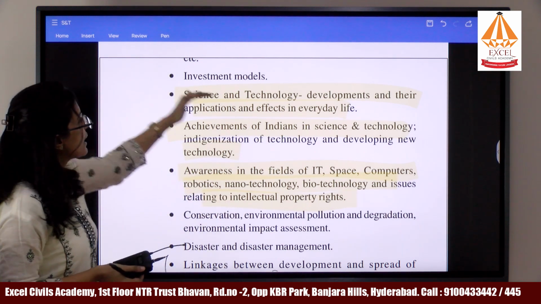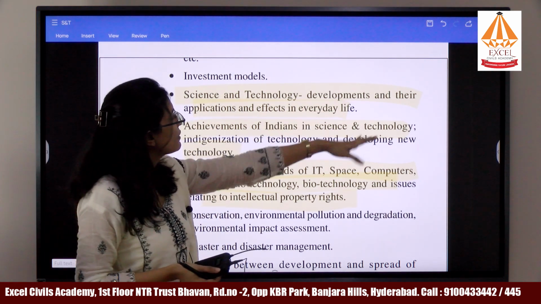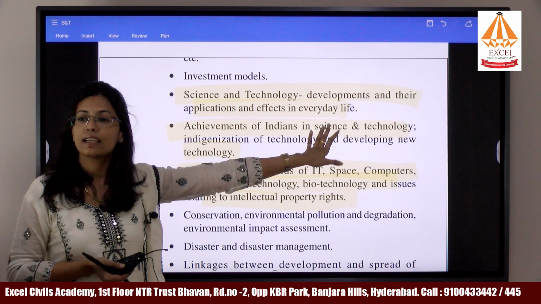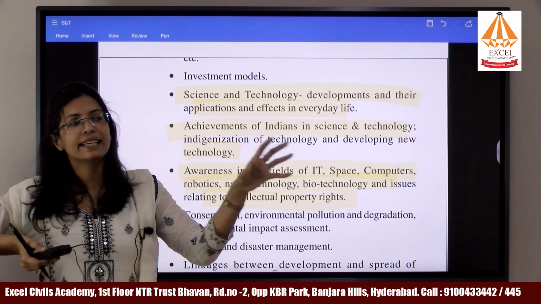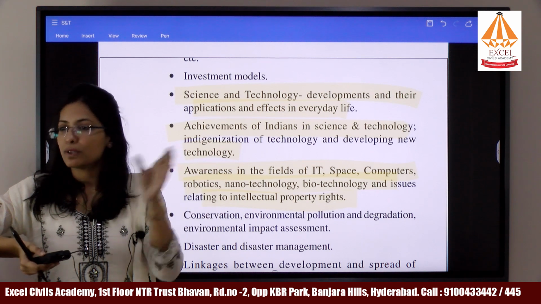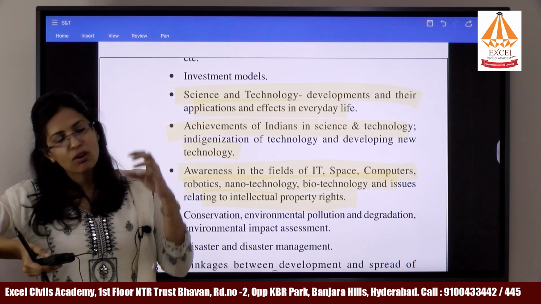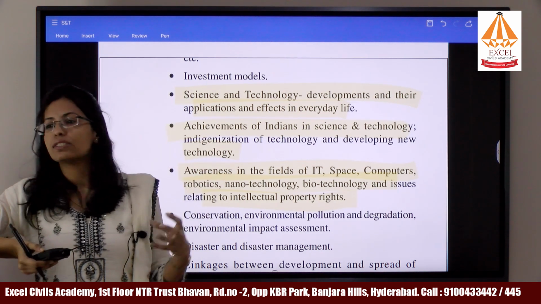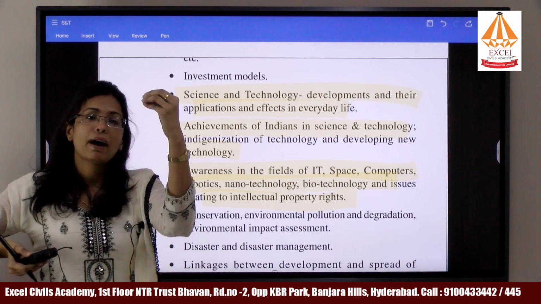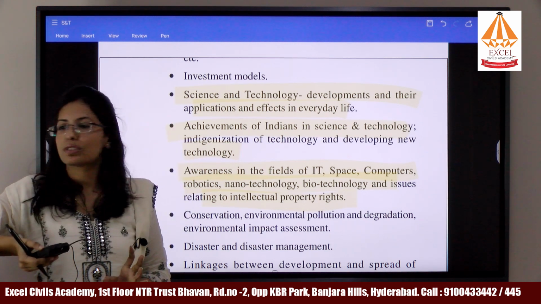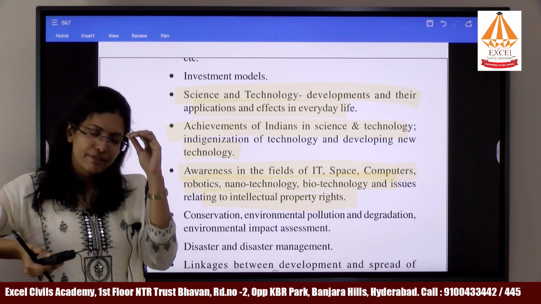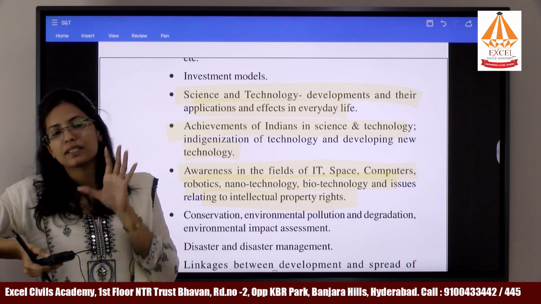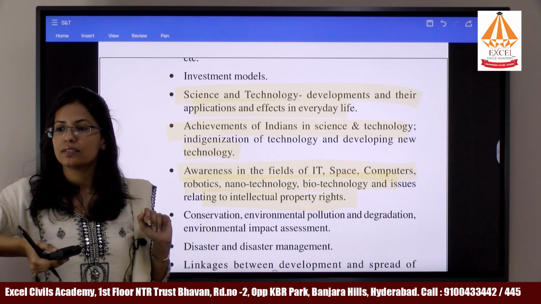Okay, so here: science and technology development and their application and effects in everyday life. If you relate it with other papers also, society or anything, any technology that is coming whose impact will be huge on the society or on the lives of the people, very surely UPSC will try to focus on that.